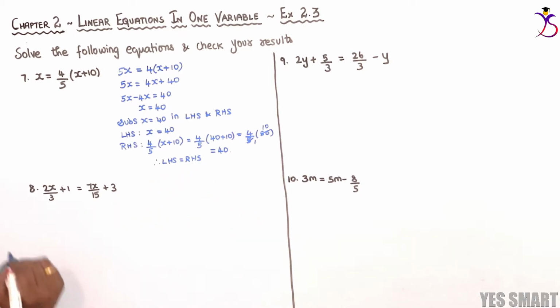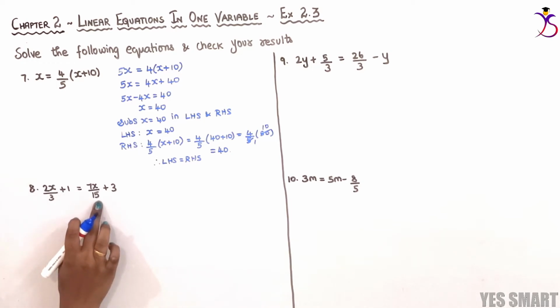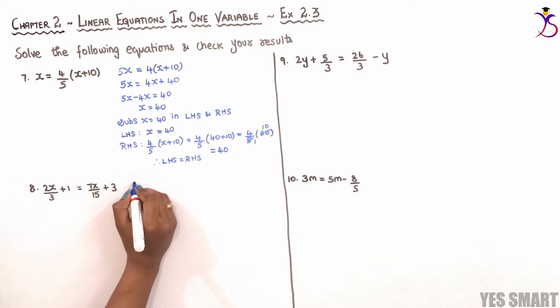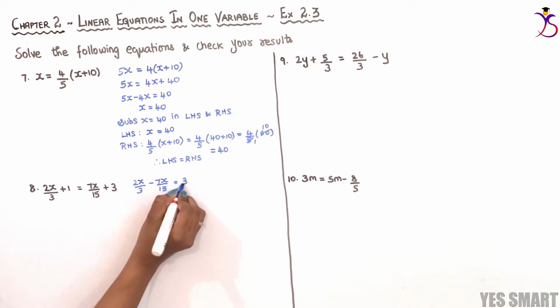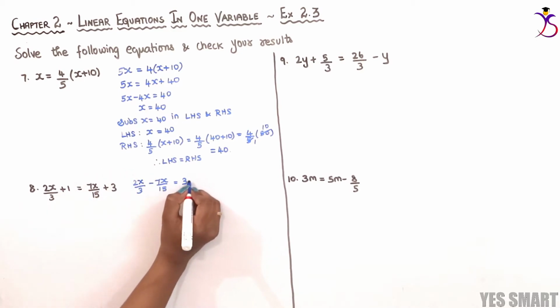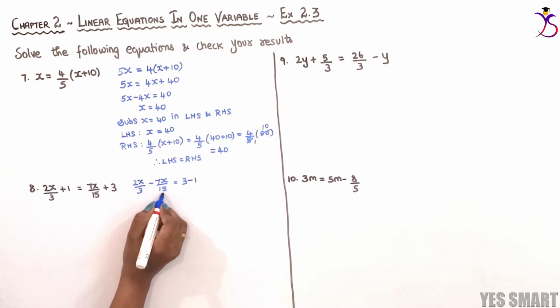Eighth sum, we have to take LCM and solve. But before that, we will do transpose. Let's bring the 7x by 15 to the left hand side. So 2x by 3 minus 7x by 15 equals 3, and that plus 1 becomes minus 1 when it is transposed. Now let's take LCM. LCM is 15.